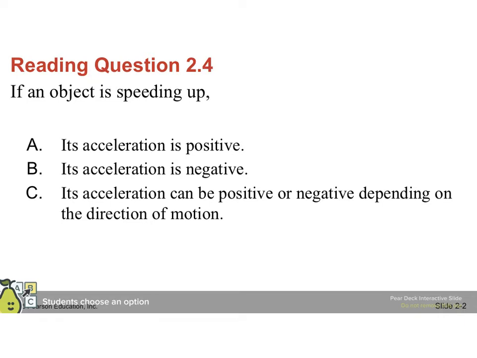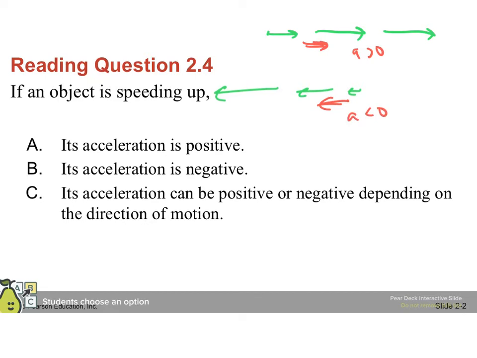Remember, if I'm just getting faster, it could be something which is moving to the right, but getting faster, in which case the acceleration aligns with it, and so we would end up with something like that, and that would be the acceleration greater than 0. But instead we could also have a thing which is moving to the left, but getting faster, in which case the acceleration would be aligned with it, and it would seem to be negative.